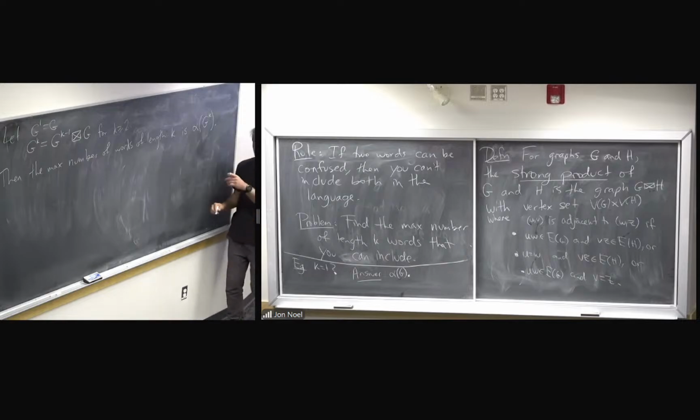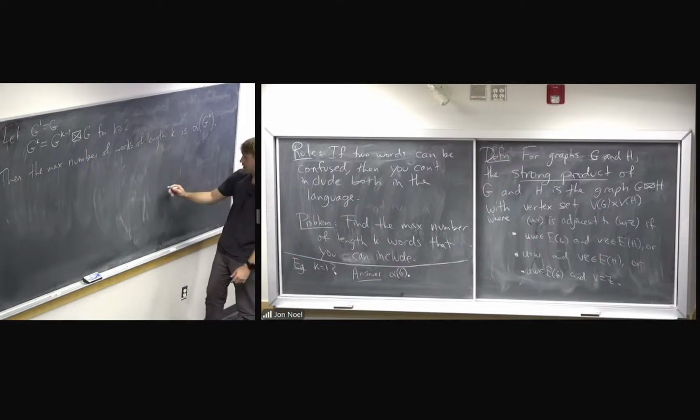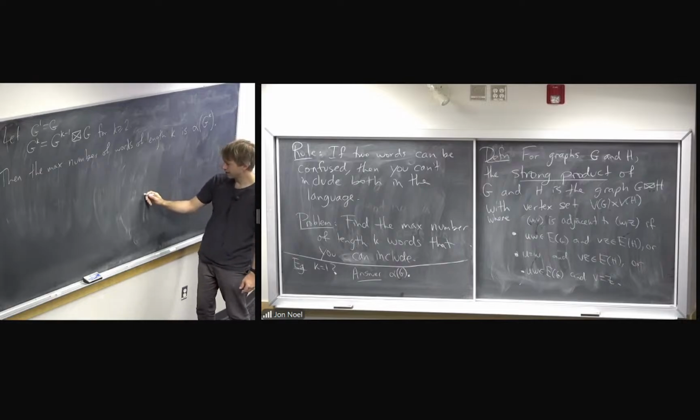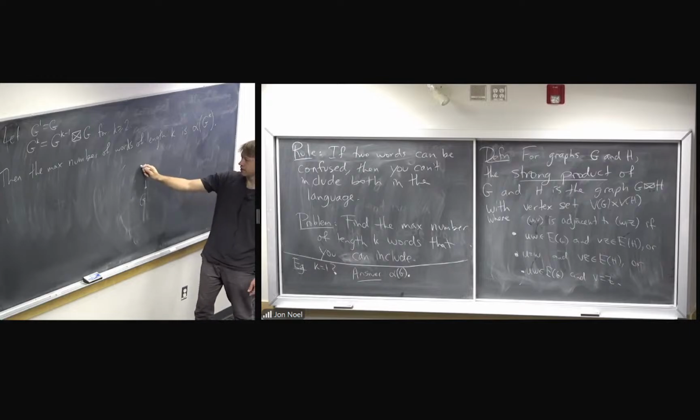Maybe let's go back for a second and do an example with this strong product just to see how to think of it. Right, let's say G is this graph, and let's label the vertices 1, 2, 3.